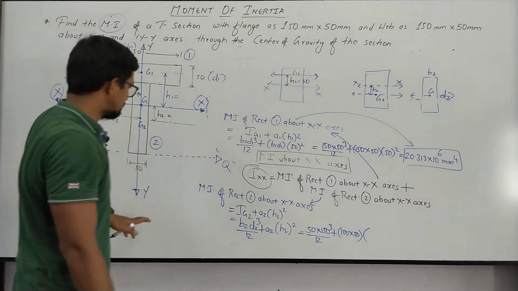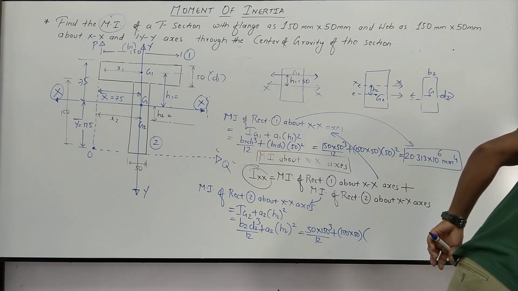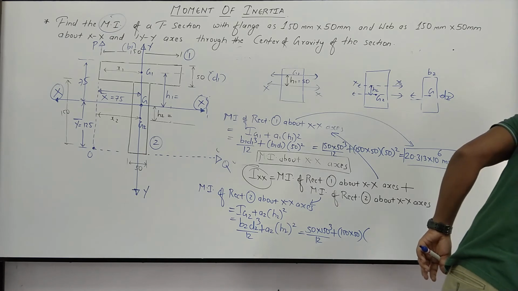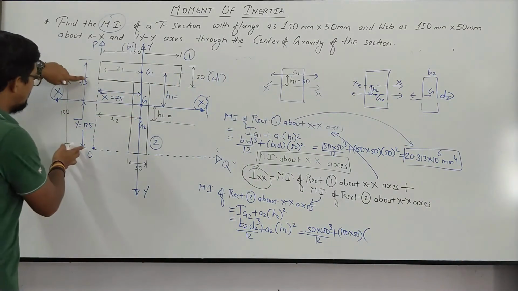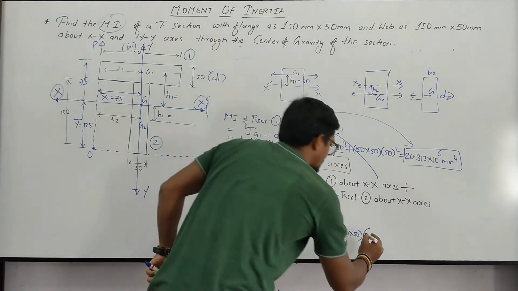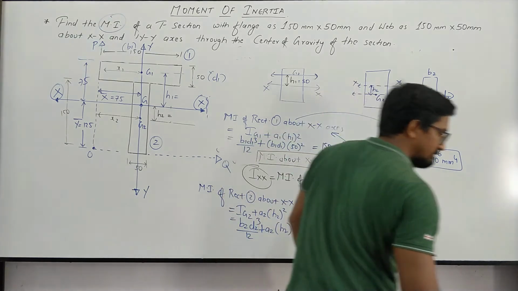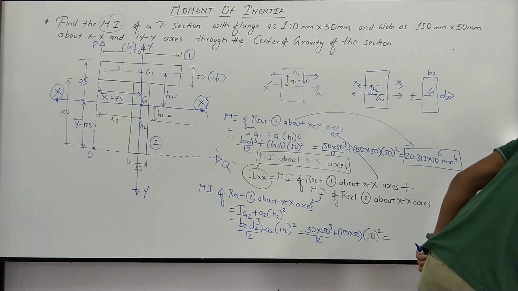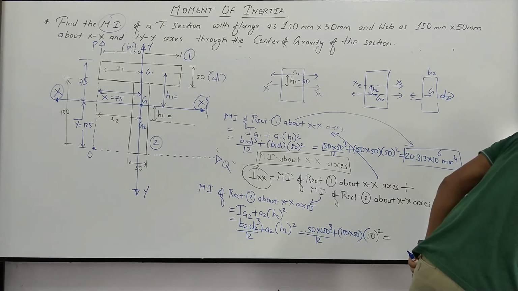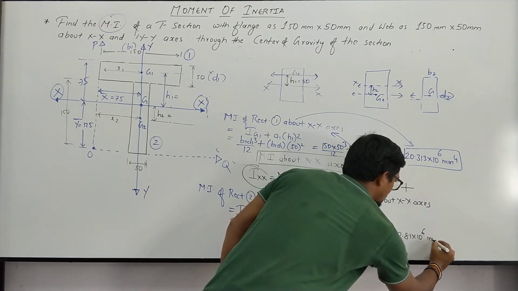So 125 minus 75 will be our h2, 50. If we solve this, it is coming out to be 32.81 into 10 raised to 6 mm raised to 4.